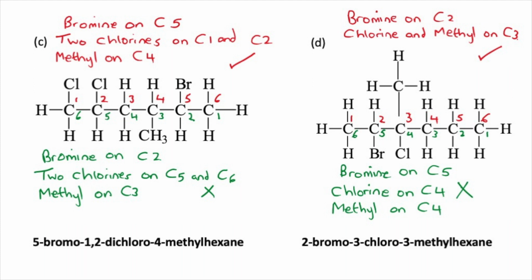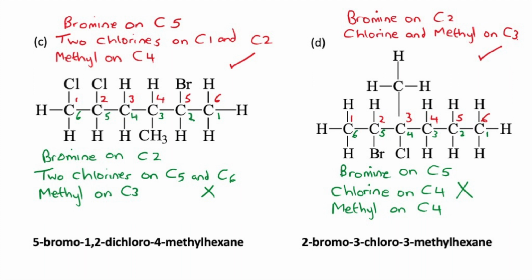Now 2 and 3 is a lower set of numbers than 4 and 5. So therefore, when numbering the carbons in this compound, left to right is the appropriate way of numbering them. So the red numbers are correct here.